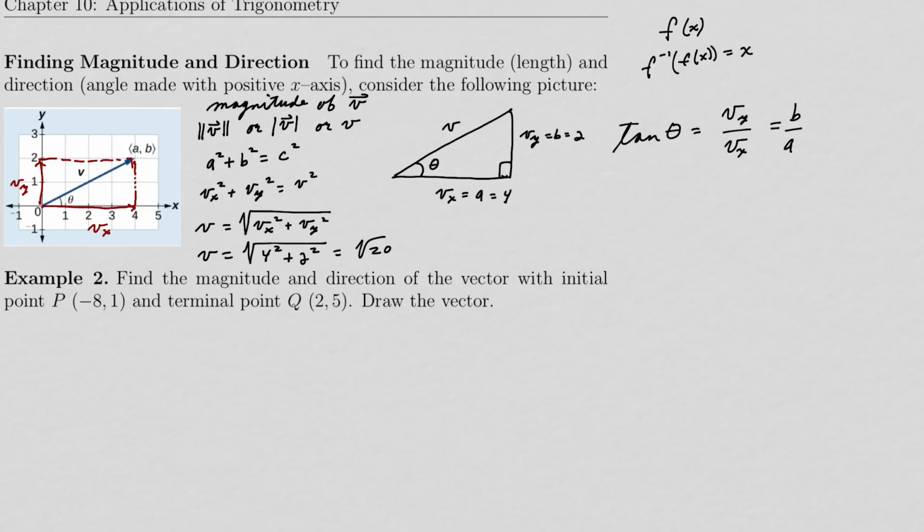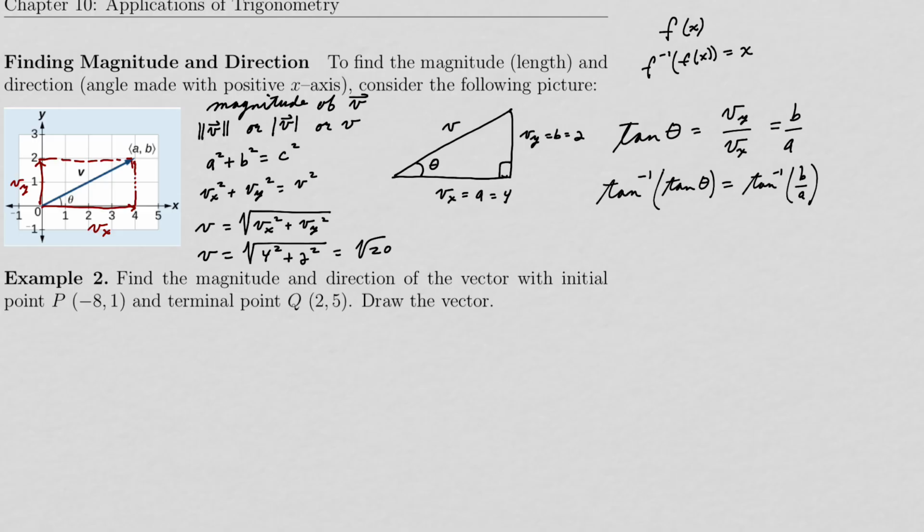It kind of like undoes the function. So in this case, the way that we write the inverse function of tangent is tan to the -1, which means inverse tangent, or some people say arctangent. If I take the inverse tan of theta, and then whatever I do to one side, I have to do to the other side. So I'll do inverse tan of Vy over Vx, or b over a. I'll just write it as b over a right now.